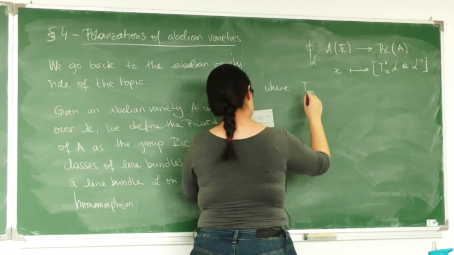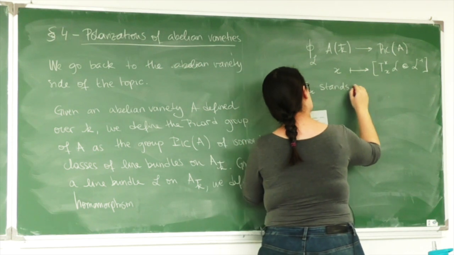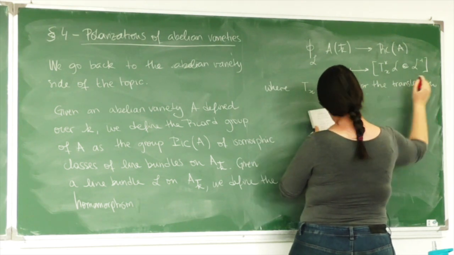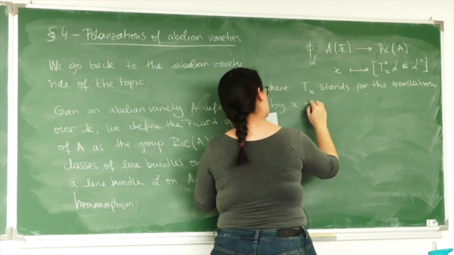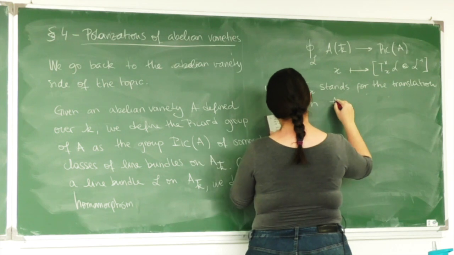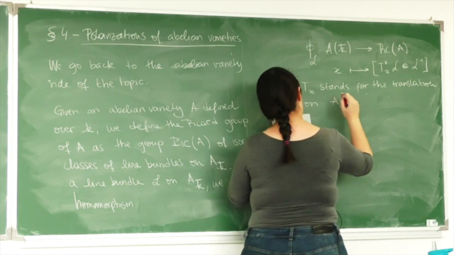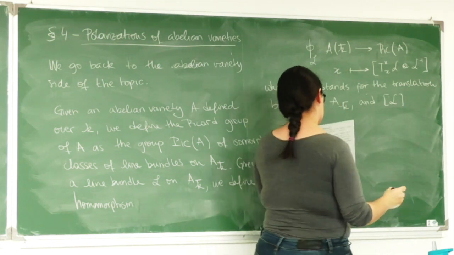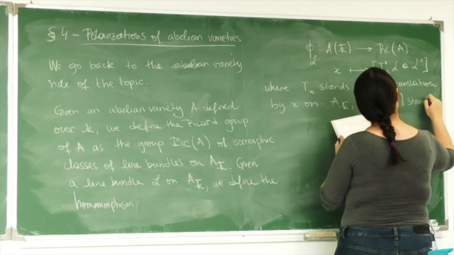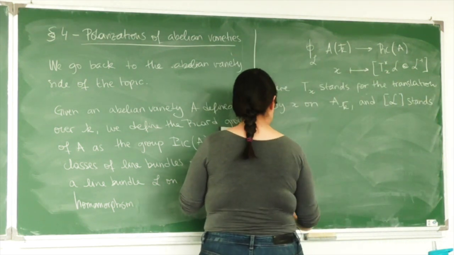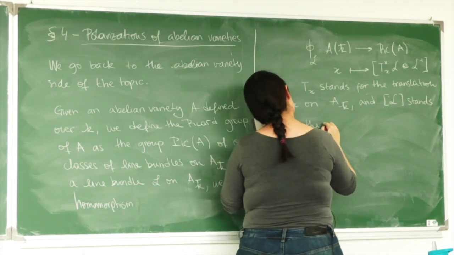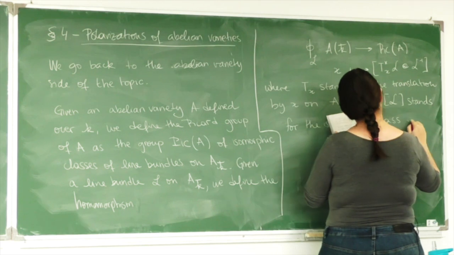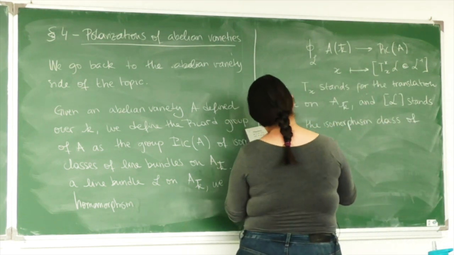where T_x stands for the translation by x on A over K bar, and the L with the bracket, the class of a line bundle, stands for the isomorphism class of L in the Picard group.